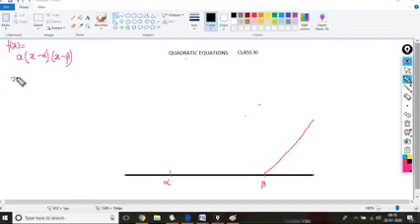Now let us take the case where x is less than alpha. We will find out whether x minus alpha is positive or negative. We know x is less than alpha, so x minus alpha is less than 0.